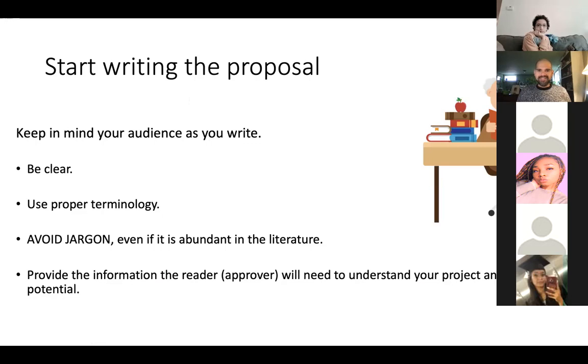Make sure that everything you say is very clear and explained. And make sure that with everything you write, you're providing enough information for the reader, the person who will approve your study, to understand not only the project, but the potential impact of your project, all right?